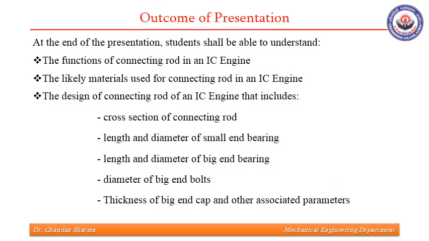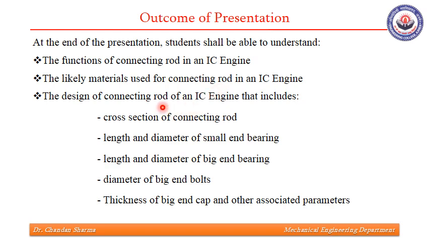The outcome of this presentation will be that students shall be able to understand the functions of connecting rod, which is a very important part of an IC engine. Students will be able to know what are likely materials that can be used for connecting rod.